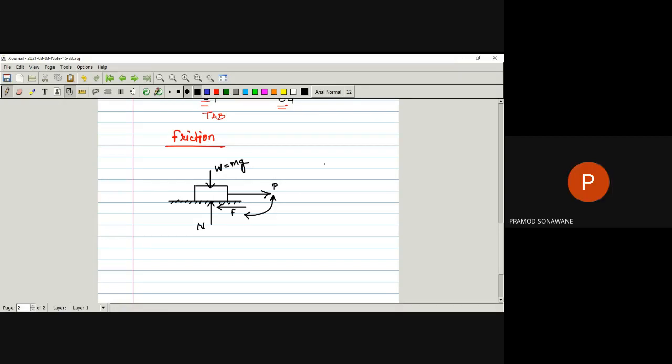Correct? So I will name this force as F limiting. Till the point my P is more than my maximum possible resistance force, that is F limiting, what will happen? Object will start moving if P is equal to or more than my limiting frictional force. But what will happen if my P value is less than my F limiting value?